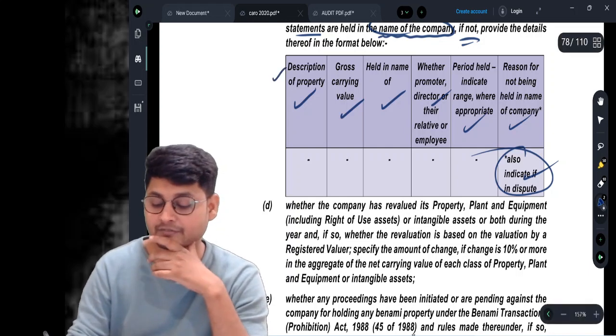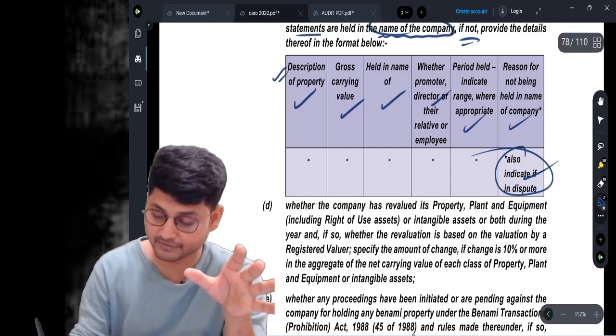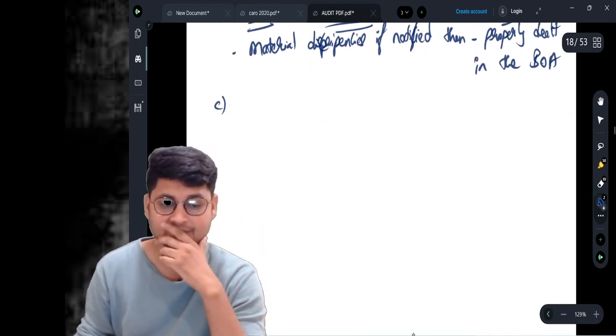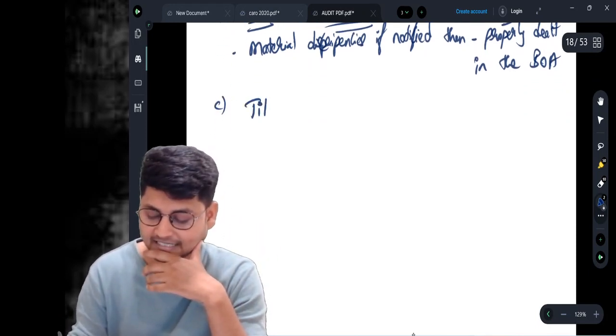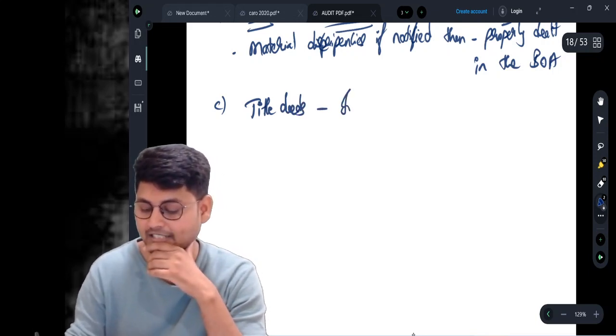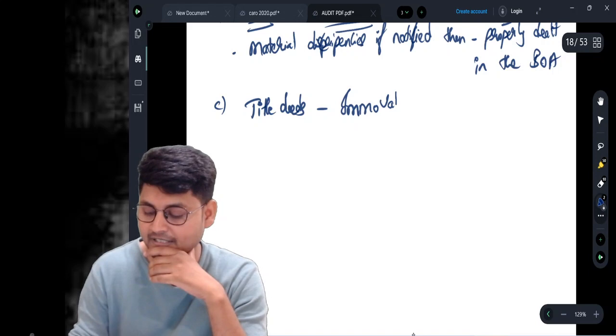Okay, I am not going to give you this table in the notes, but however we can form a note for this in clause number C. What is there in clause number C? Clause number C talks about what? Title deeds. That too in case of what? Immovable properties only.